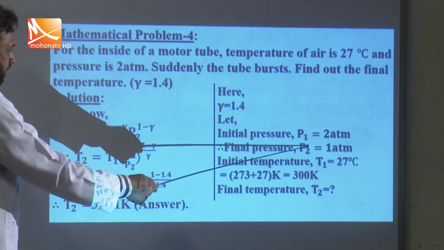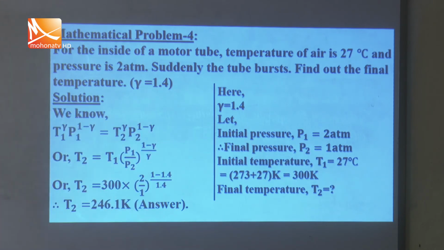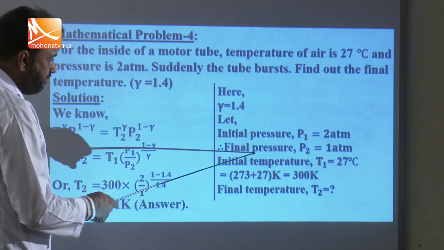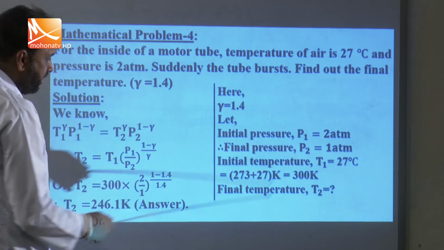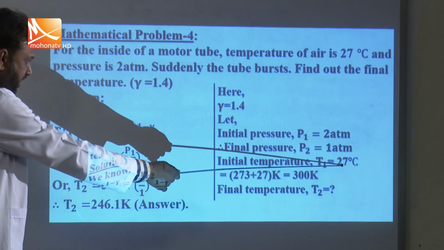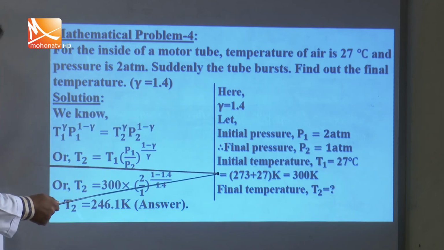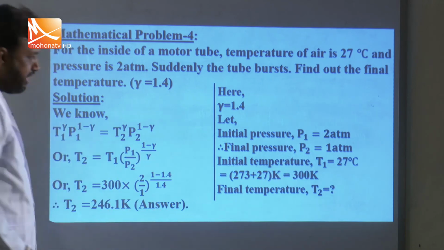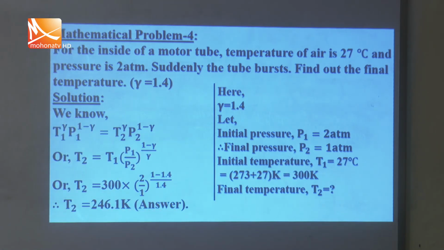Therefore final pressure P2 equals 1 atm. Since it is after the burst, it is air and the air pressure is 1 atm, so we can write final pressure P2 equals 1 atm. Initial temperature T1 equals 27 degrees Celsius. Converted into Kelvin, it is 300 Kelvin, and final temperature T2 equals what?